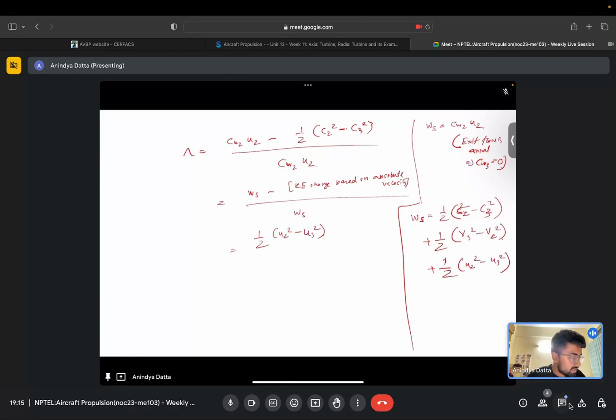Okay, so these are the three components. If you remember, one is called the impulse effect, the reaction effect, and I forgot the other effect. So these are the three effects.